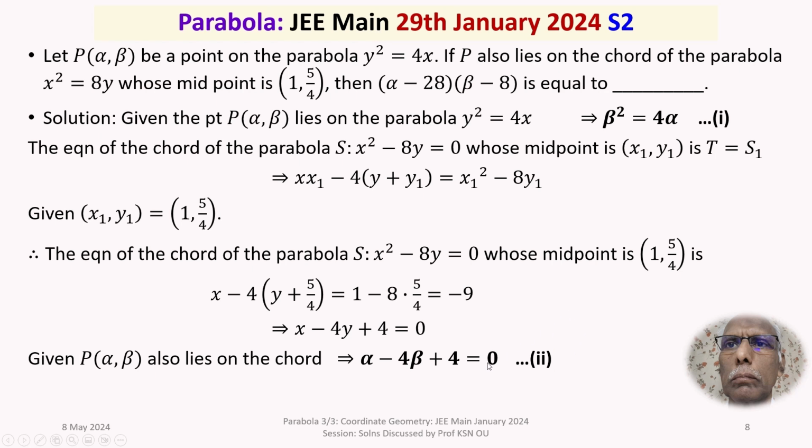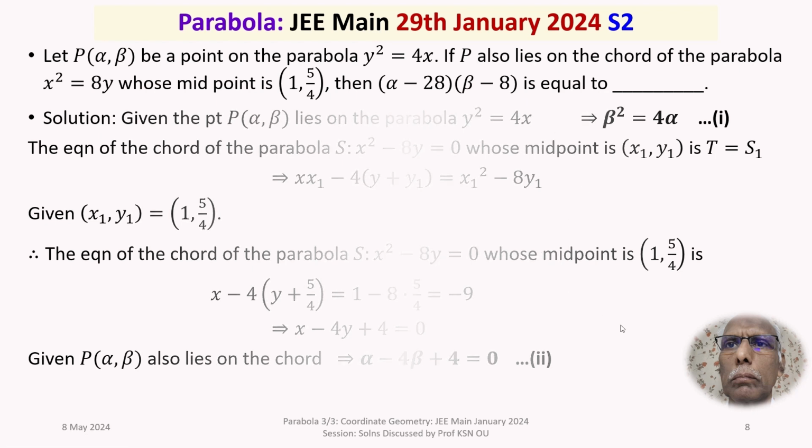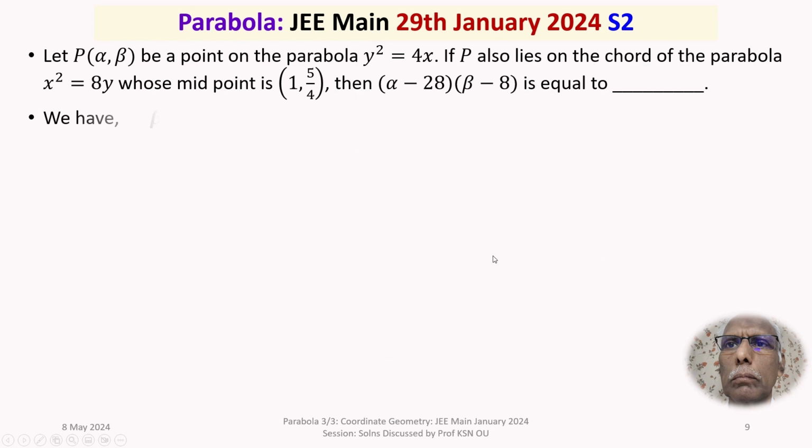So we got two equations in two unknowns, alpha and beta, and we are required to find the value of alpha minus 28 multiplied by beta minus 8. That we will do in the next slide. So far we have beta square is equal to 4 alpha, that is the first equation, and the second equation is alpha minus 4 beta plus 4 is equal to 0.